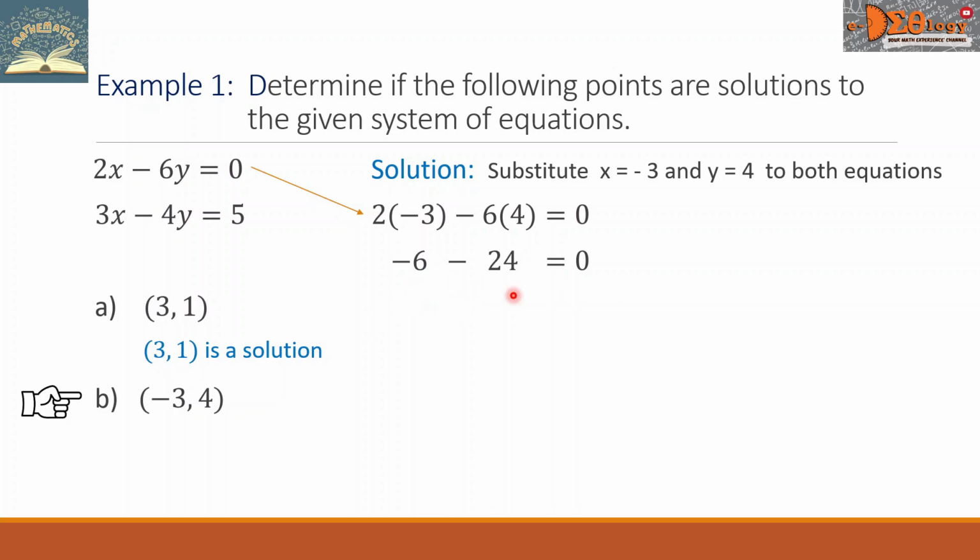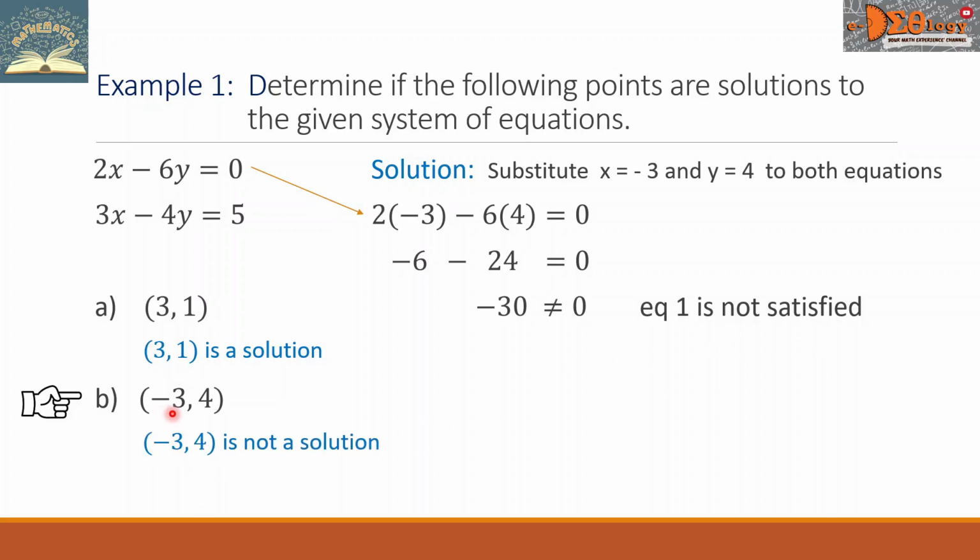Negative 6 minus 24 is negative 30. That is not equal to the right side value, which is 0. We see here that equation 1 is not satisfied. So we stopped here and we conclude that the negative 3, 4 is not a solution.